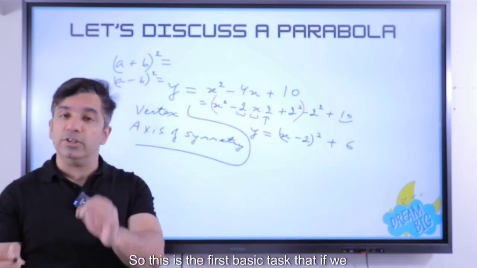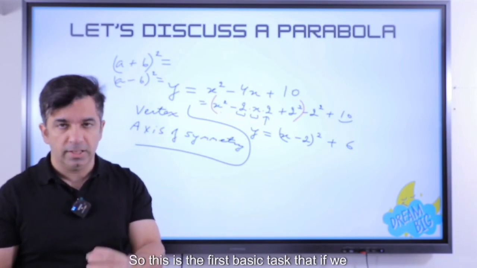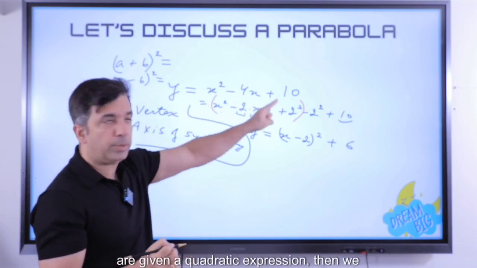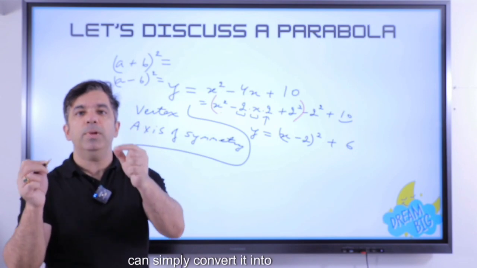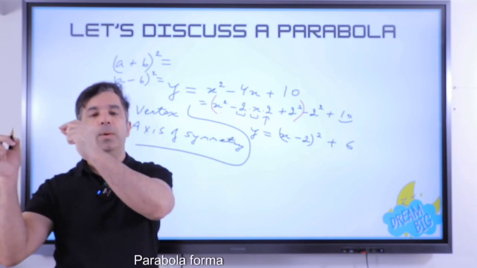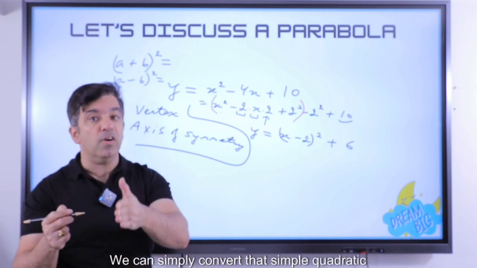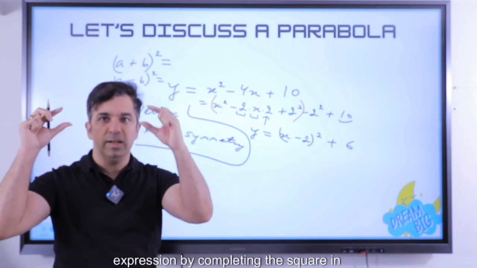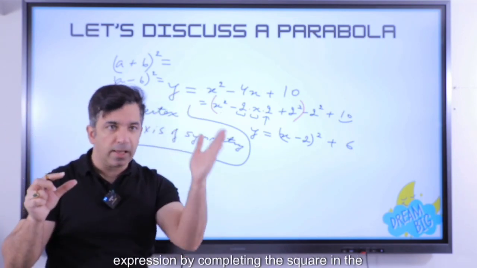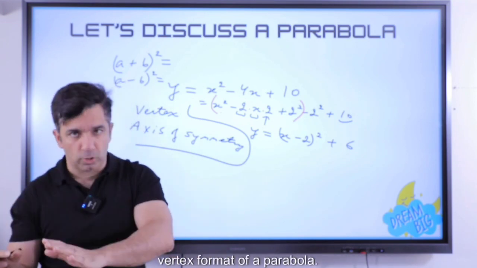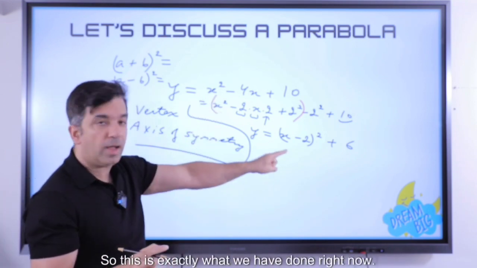So this is the first basic task: if we are given a quadratic expression, we can simply convert it into the standard parabola format, which is the vertex format, by completing the square. This is exactly what we have done right now.